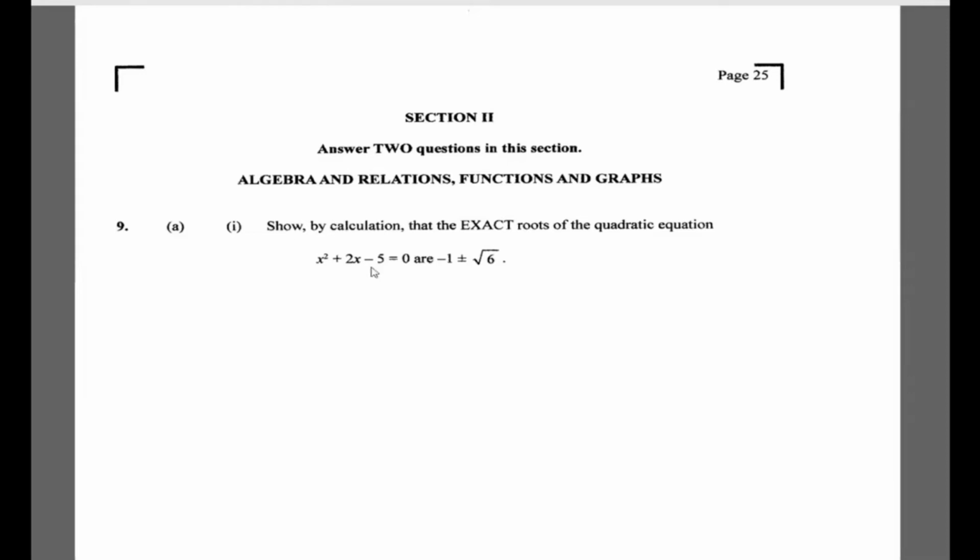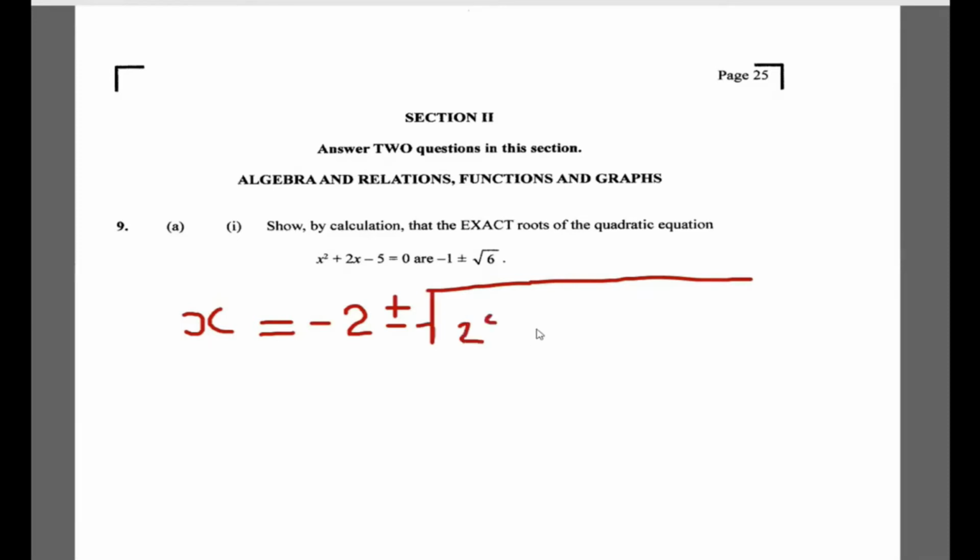So to find the roots of a quadratic equation, just go straight to the quadratic formula, and it's minus b, which is -2, plus or minus the square root of b squared, which is 2 squared, minus 4 times a, which is 1, times c, which is -5.